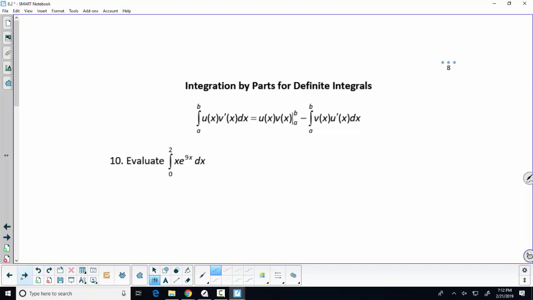Now the bulk of the work is done when we have to look at definite integrals. This is how we're defining it. Remember the first uv can be evaluated immediately at the bounds a and b, but then we still have another antiderivative to take. So we can process it that way. Let's say we have an expression like x e to the x from 0 to 1 minus the integral of e to the x from 0 to 1.